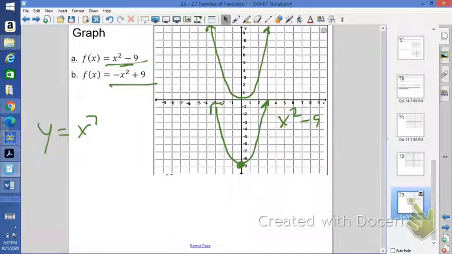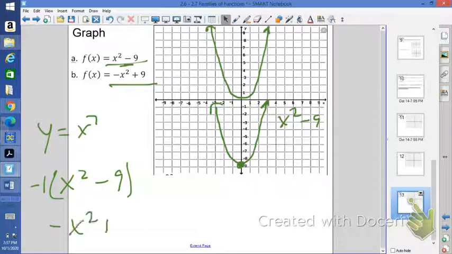Now, in part B, we have to graph negative x squared plus 9. So if I have x squared minus 9, and I multiply this whole function by a negative 1, what do I get? I get negative x squared plus 9, which I need to graph. Well, since I multiplied this entire function by a negative 1, I am reflecting across the x-axis.